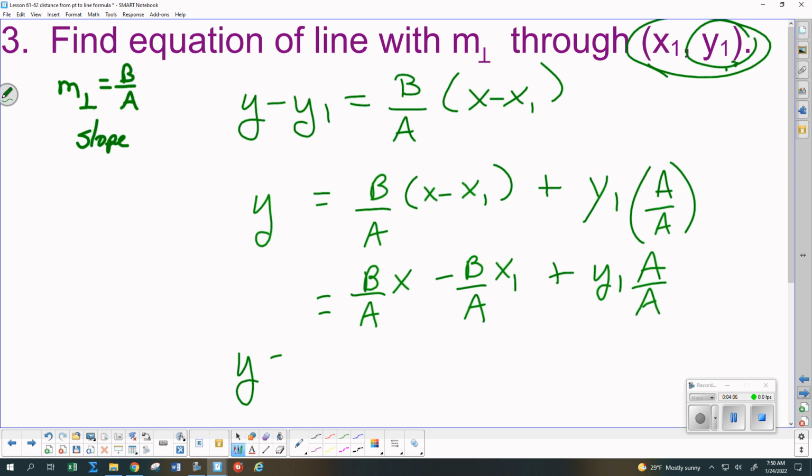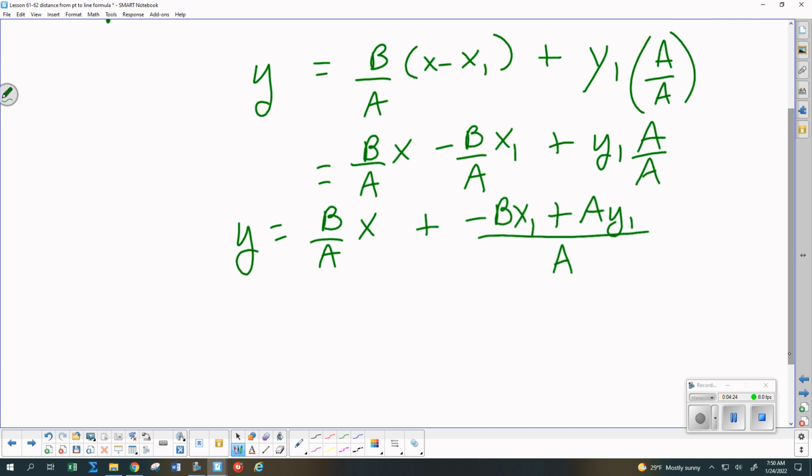So what I have is y equals b over a times x, and then I can do plus a negative bx1 plus a y1, both over a. That means this is my slope. This is my intercept for that line, but it is a second equation for my system of equations that I'm going to need to get the intersection on.